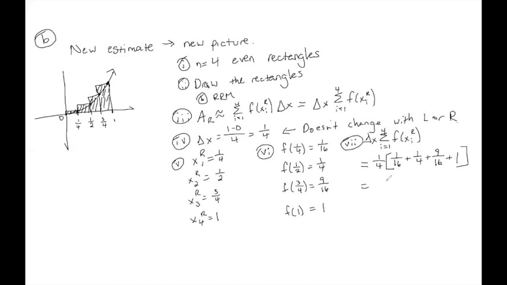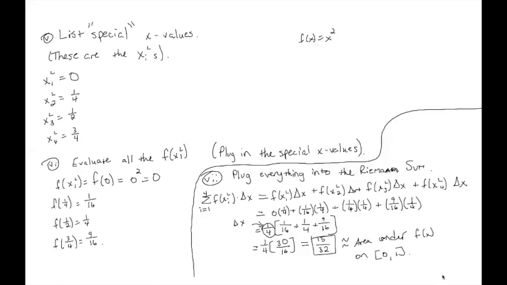I'm sorry, I made a mistake here. This one is 30 over 16. I apologize. I'm going to go back and change that. I was reading the wrong example. Sorry about that. So get rid of this and get rid of this. Okay. Sorry about that. I should have double checked myself.